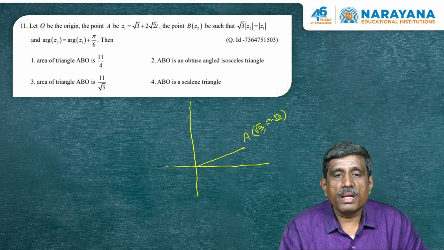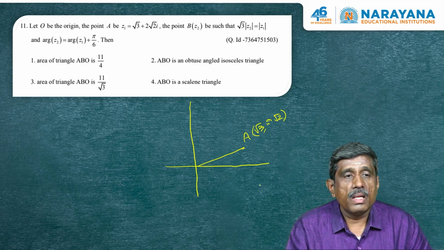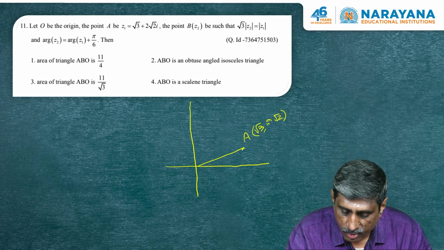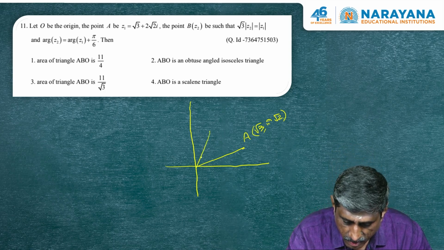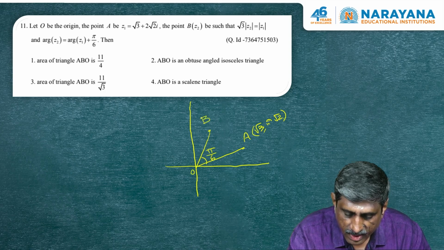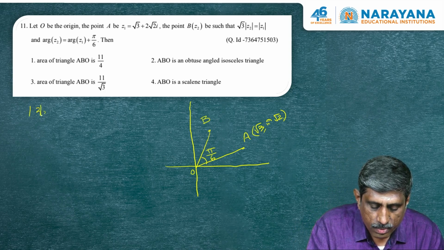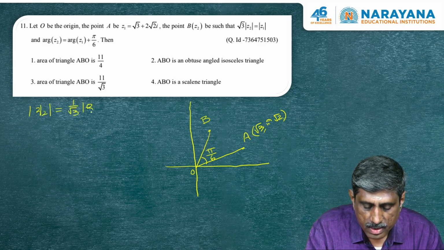Similarly, let us identify the point Z2. What is Z2? Argument of Z2 is equal to argument of Z1 plus pi by 6. So, when we rotate OA by the angle pi by 6, it will merge with the point B. This is the point B, and it is given that modulus of Z2 is equal to 1 by root 3 times mod Z1.